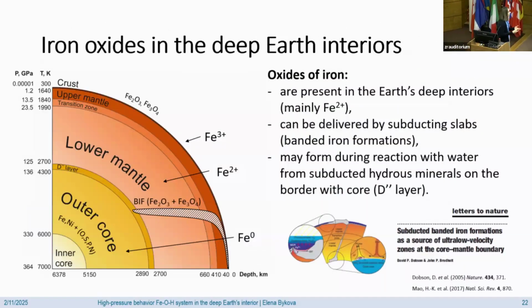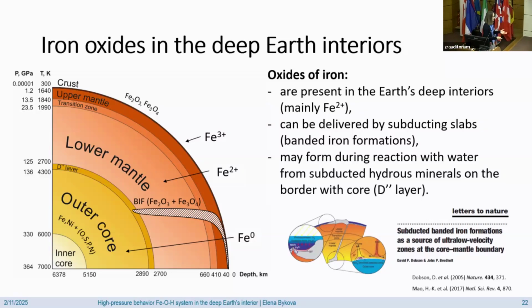So all of these changes in the iron oxides are important to study our planet. Although Fe3+ iron oxides are mostly found on the surface, there are some studies showing that these compounds can be delivered to the deepest interiors in a process called subduction. Typically it's a heavier slab that goes in deeper.